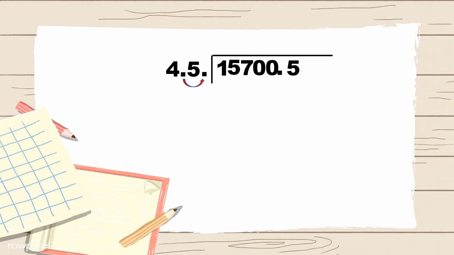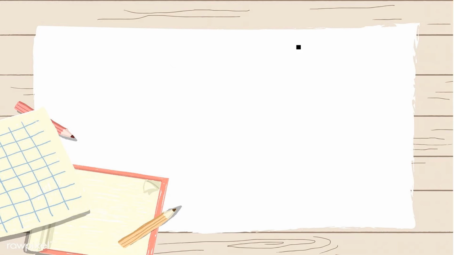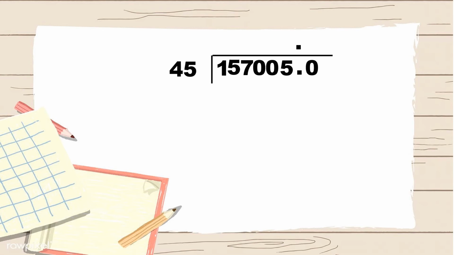Then, move the decimal point in the dividend as many places as in the divisor. So, we will also move it by 1. Last, align the decimal point of the quotient with the decimal point in the dividend. Then, proceed to division like whole numbers.